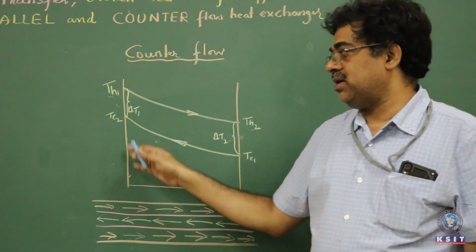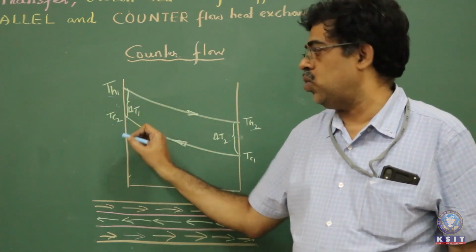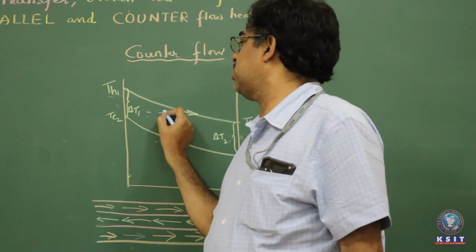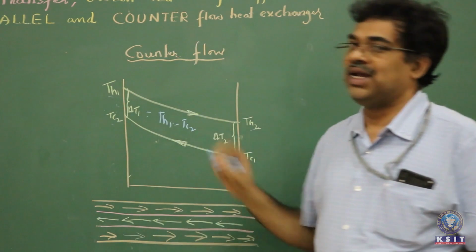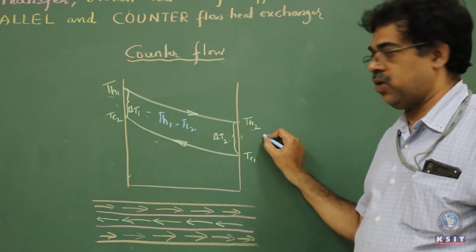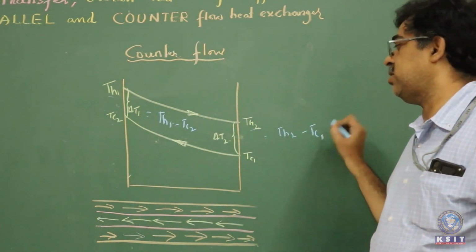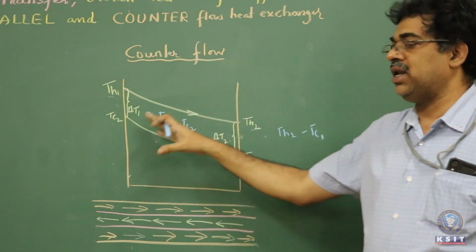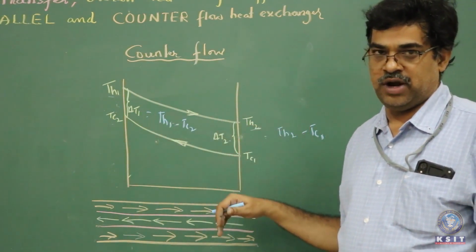At the left hand side, the temperature difference TH1 minus TC2 is delta T1, and on the other side delta T2 equals TH2 minus TC1.